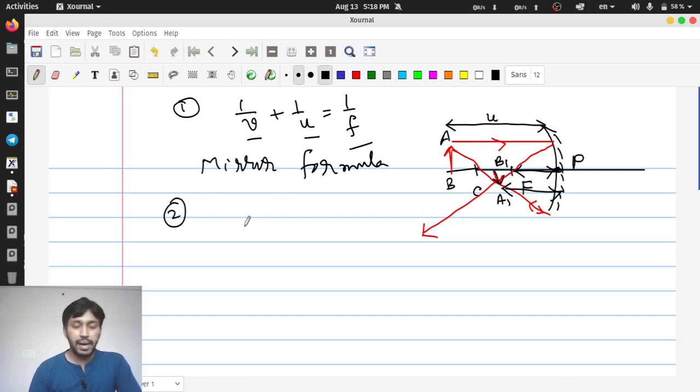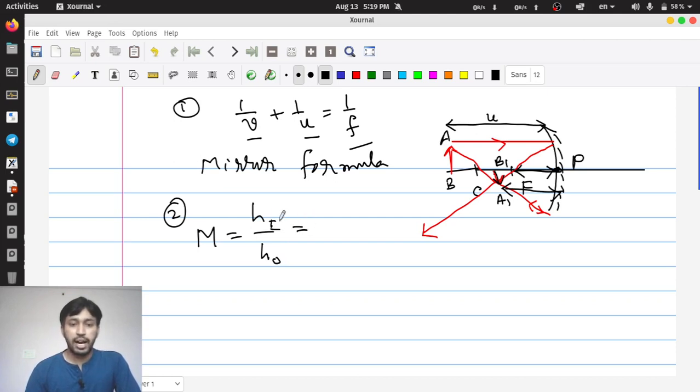Number 2, magnification. Linear magnification M, or you can denote it by small m. This is basically image height divided by object height. You can write it as h' by h, or as hi, that means height of the image, and ho, height of the object.